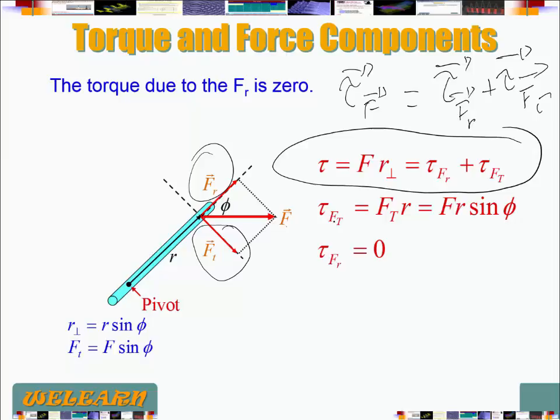Now, the torque due to Ft. What's Ft? If this angle here is phi, it is F sine phi. It's opposite to the angle. So Ft is F times sine of phi.